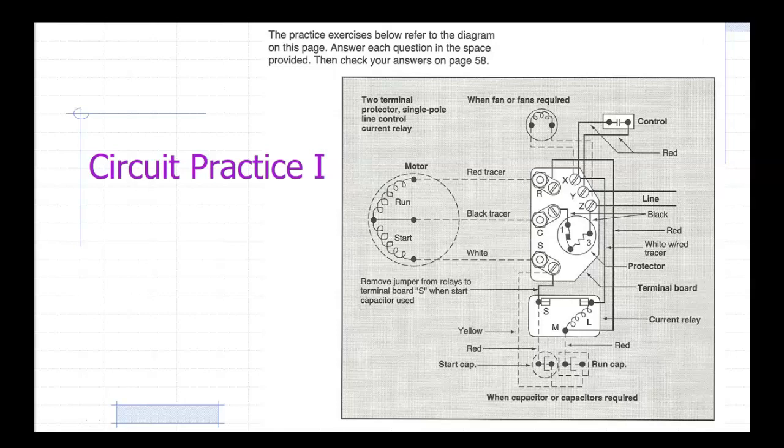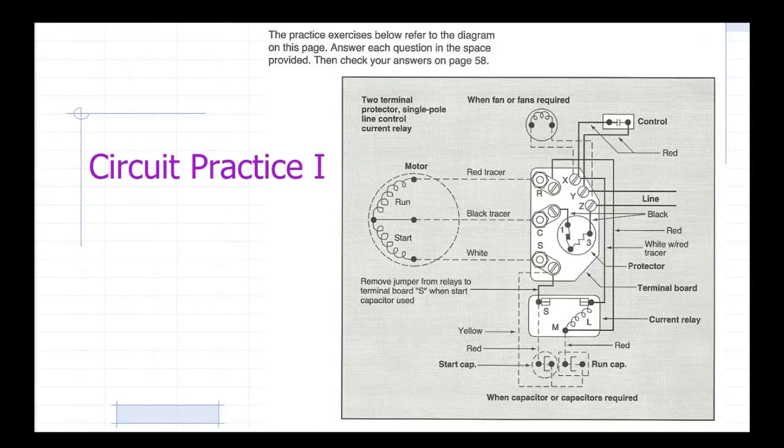So we have to look for the run winding of the motor. Well, we have a run and we have a start. Something has to go from one of these 3 points to my run capacitor down here. What is the color of that wire, and what terminal does it go to? It goes to M.